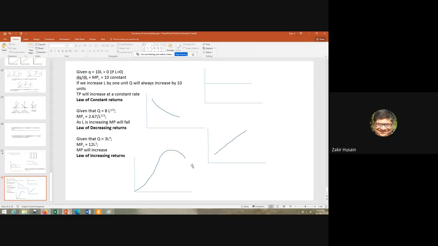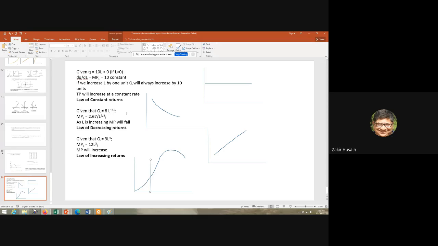This part, as labor increases, total product is falling. In fact, if you look at this carefully, it's not very evident from the diagram, but this part is convex and this part is concave.